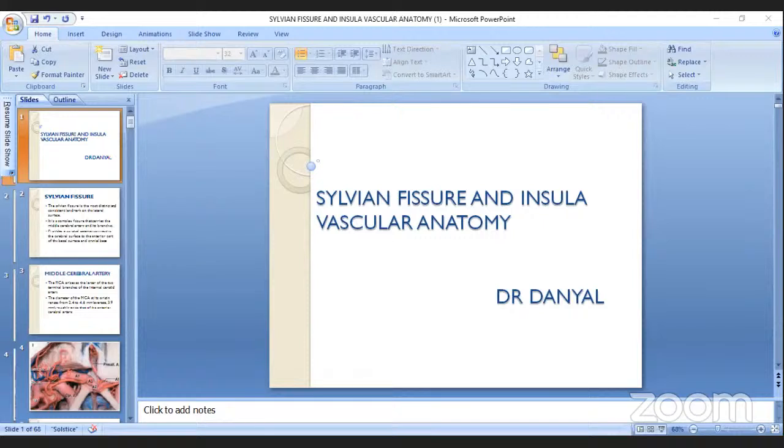So, Dr. Jooma, when you're talking about Sylvian fissure dissection, and most people going from distal to proximal, which trunk do you follow? Most people tend to follow the frontal trunk and avoid the temporal trunk. Is there a significance to it?